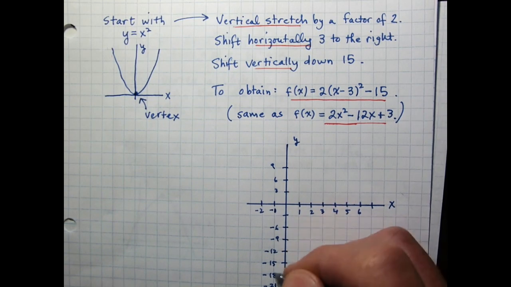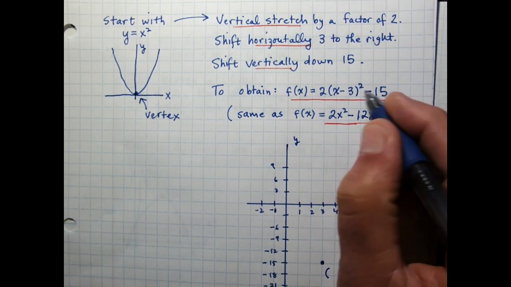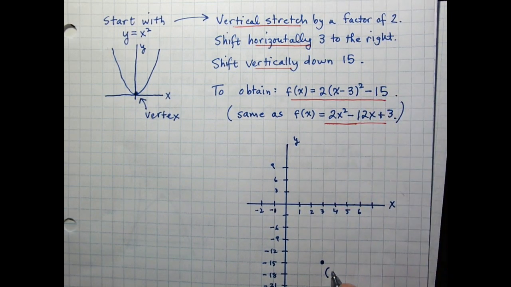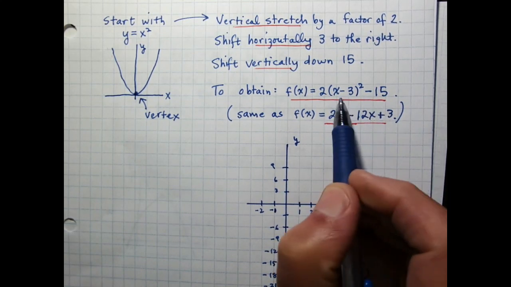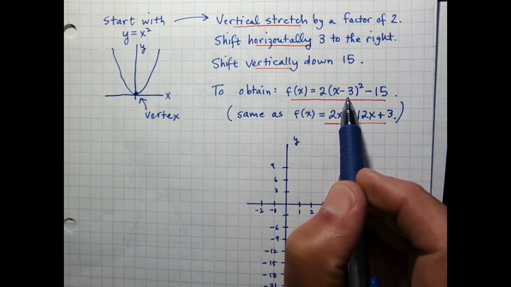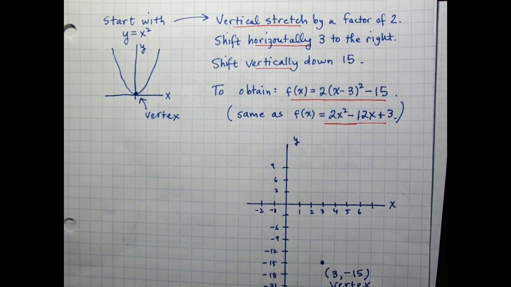Notice I set up different scales on the horizontal and vertical axis. So for the quadratic function we're working with, the vertex is at 3, negative 15. And so one advantage of this so-called standard form is you can easily see the 3 and the negative 15, the coordinates of the vertex.